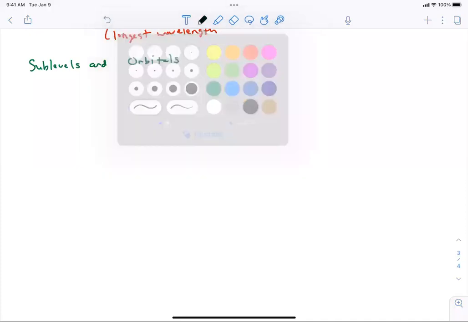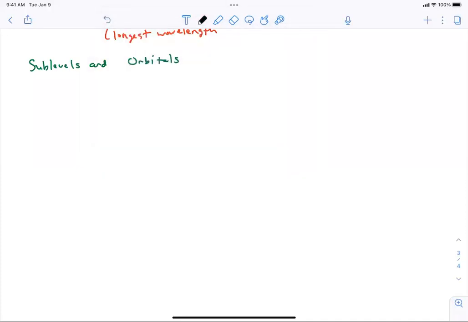There are 4 levels of categorizing the location of an electron, going from broadest to most specific. There is energy level, which is notated by the lowercase n. This can go from 1 to theoretically infinity.